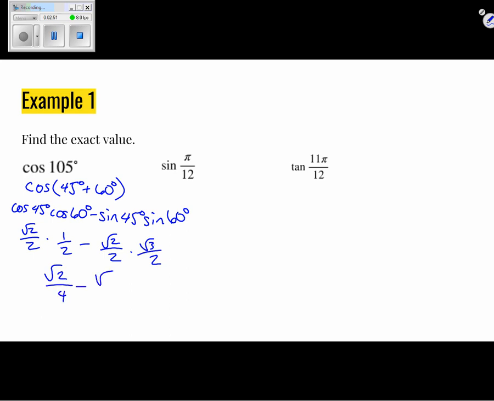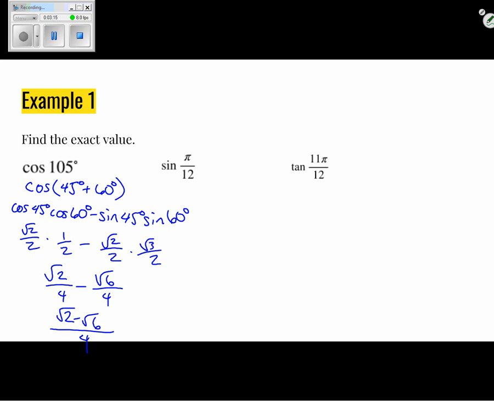I'm just going to do numerator times numerator, denominator times denominator. This answer's fine. I tend to write everything as a happy family over the same denominator. So not nearly as abstract as what we were doing with the identities on the board the last couple days. So that's good.